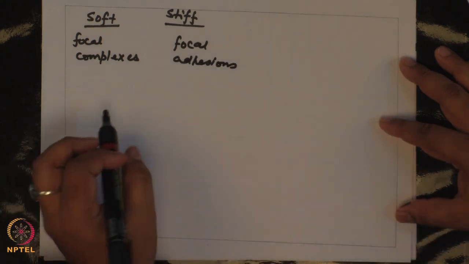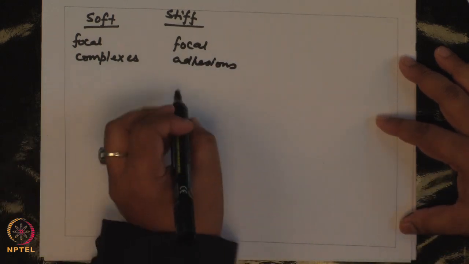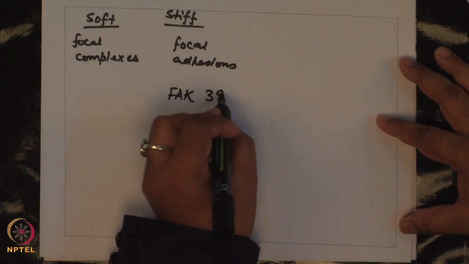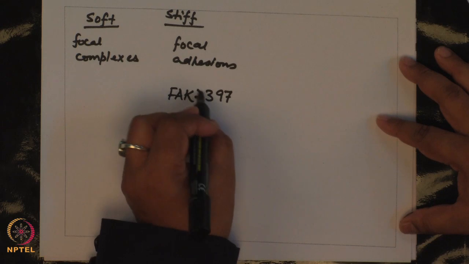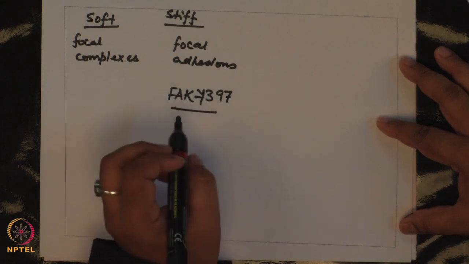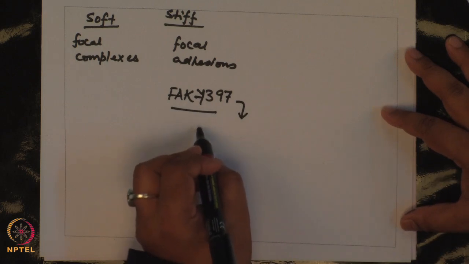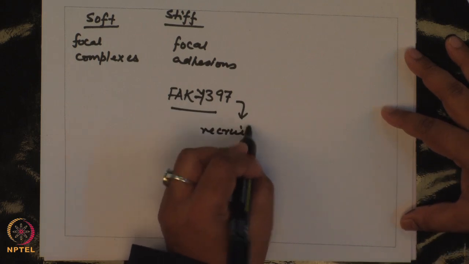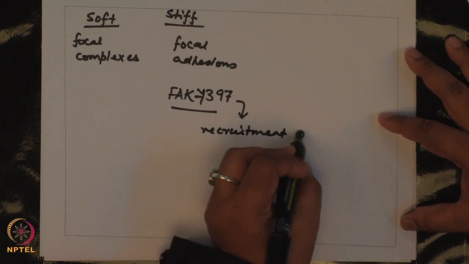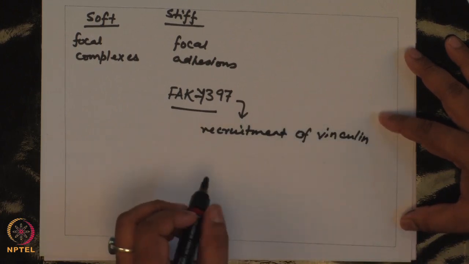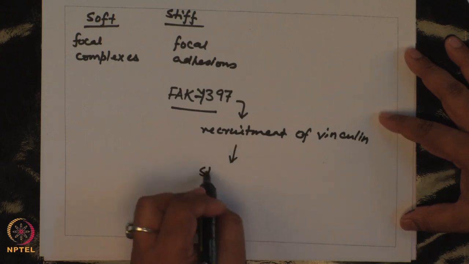Vinculin, or tyrosine phosphorylation of focal adhesion kinase at 397, which is known to lead to recruitment of vinculin, was only observed on stiff surfaces.